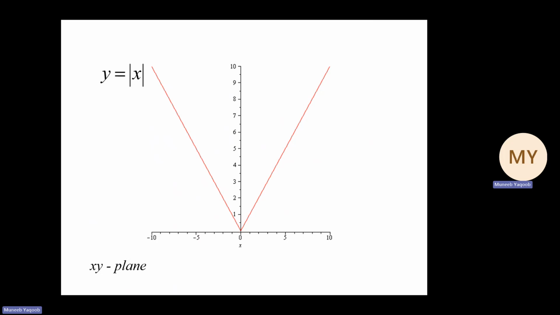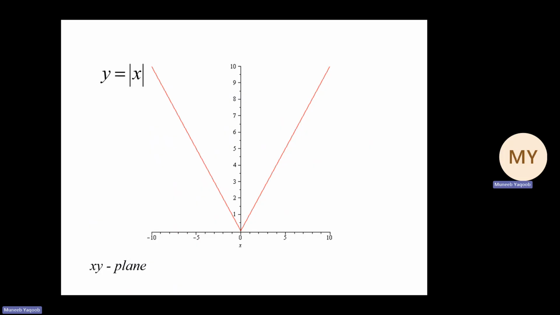So that line y equals x was bisecting the quadrant at 45 degrees, both the first quadrant and the third quadrant. Now, this graph is basically the same as far as the first quadrant is concerned.